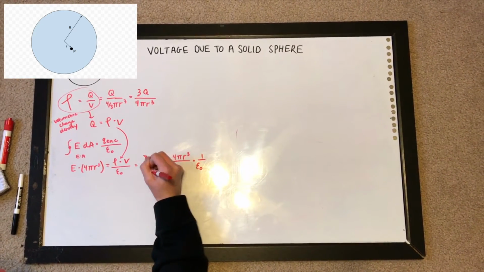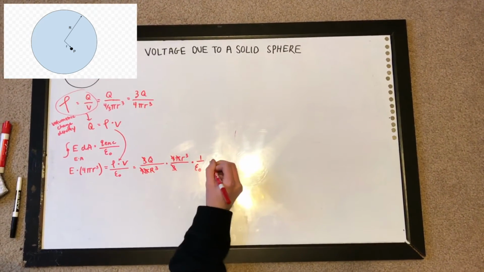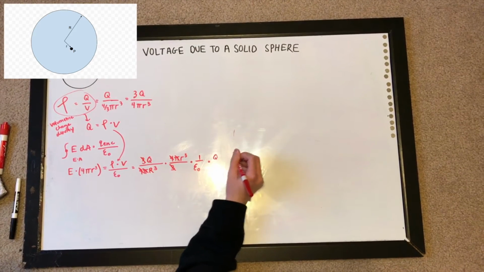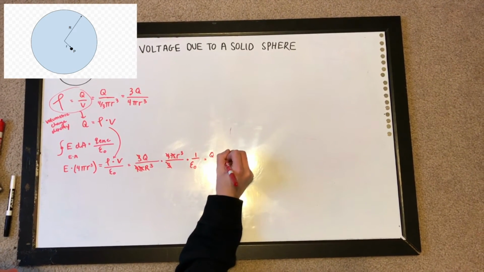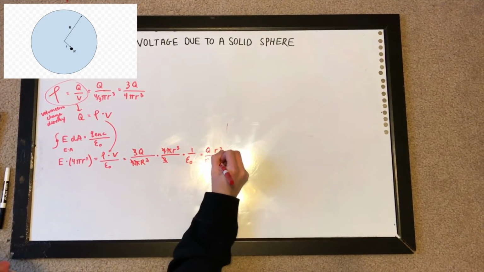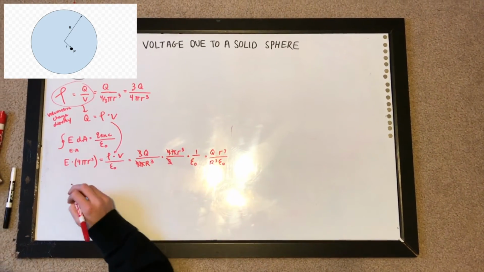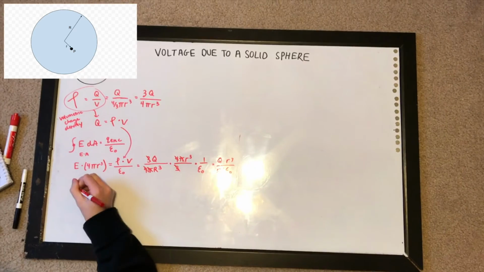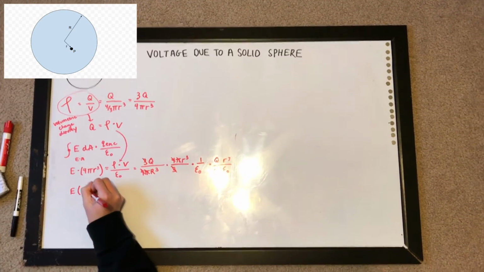Then we can cancel out a couple terms to simplify this down, and we're left with Q little r cubed over big R cubed E naught, where little r is the radius to the point P and big R is the radius of the sphere.